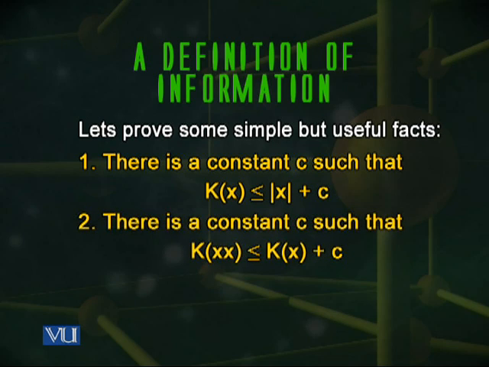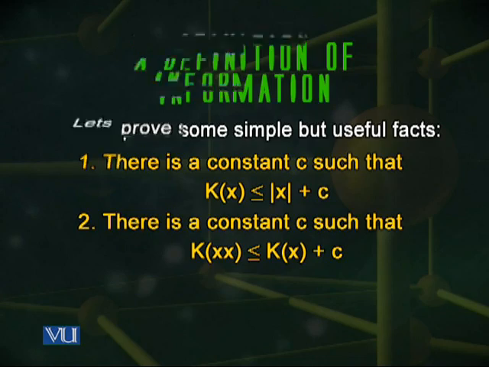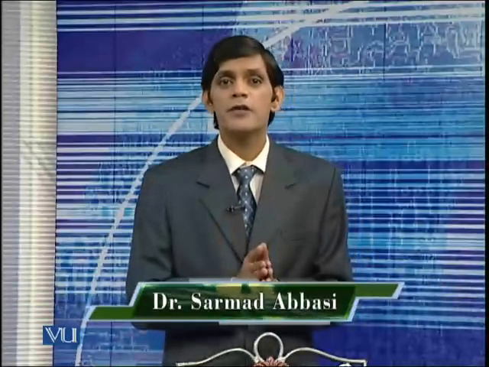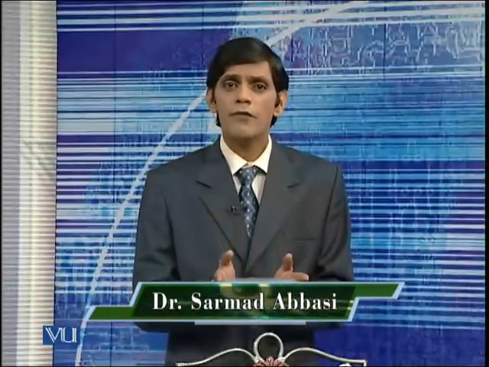The second thing we are going to prove is that there is a constant C, and mind that it may be a different constant than the one that is given in part 1, such that the descriptive complexity of XX is within an additive distance of the descriptive complexity of X. So what we are saying here is, if I want to describe you the string X followed by X, then I do not have to give you a much larger description than that of X itself.